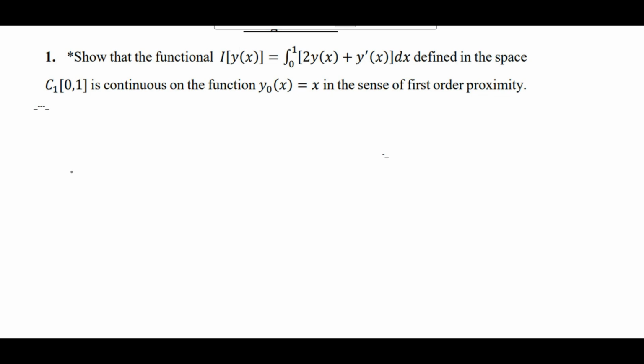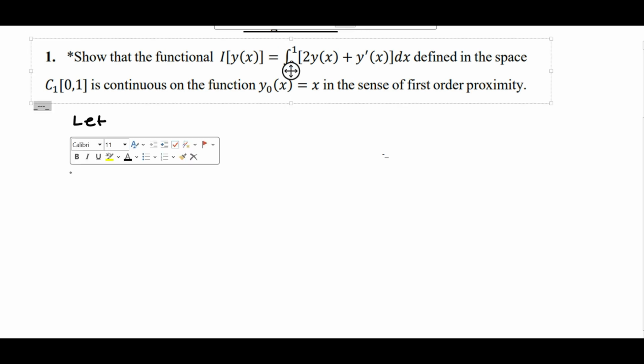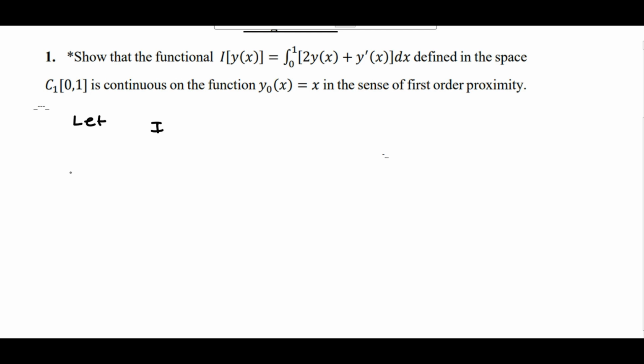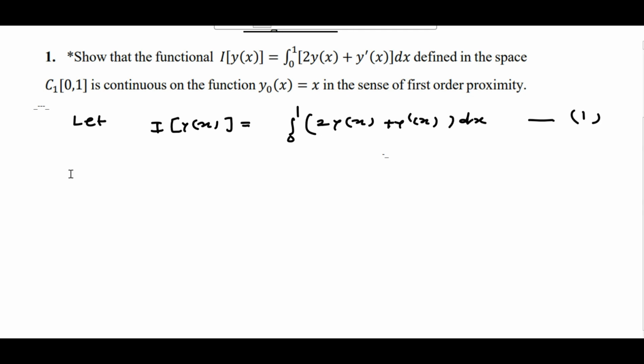Let us consider the functional I of y of x equal to the integration from 0 to 1 of 2 times y of x plus y dash of x dx. That is given, let us suppose that is equation 1.